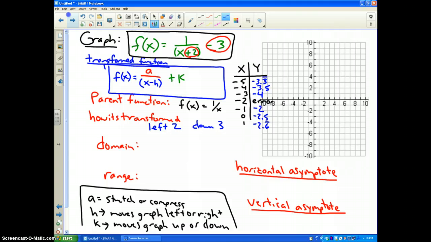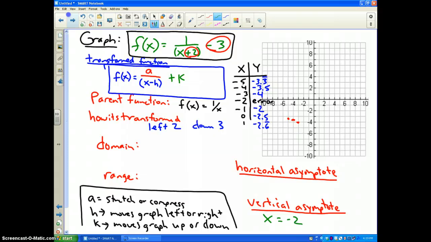Okay, good. So let's plot that information. Negative 5, negative 3.3 repeating is going to be about right there. Negative 4, negative 3.5 is going to be about right there. And negative 3, negative 4 is about right there. Negative 2 is the error. Okay, that's my vertical asymptote.